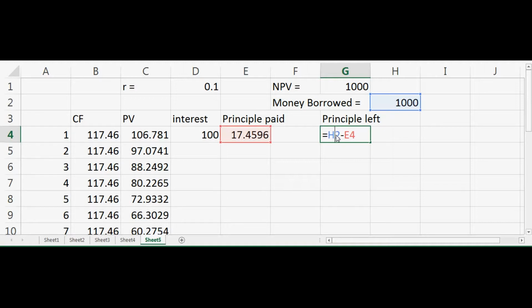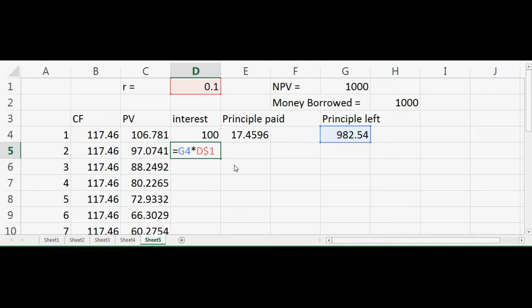So now this is the principal left. So next year what will happen? I'm again paying the interest, but this time the interest will be on the principal left, right? So I'll say principal left into the interest rate, and for interest rate I'll put a dollar sign so that when I drag this cell down then it does not change.